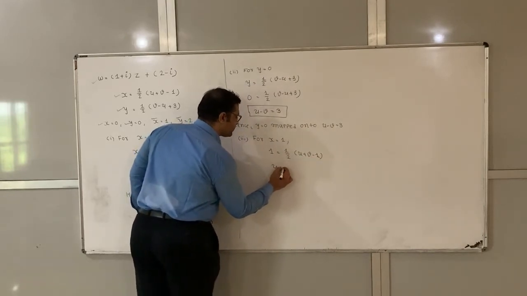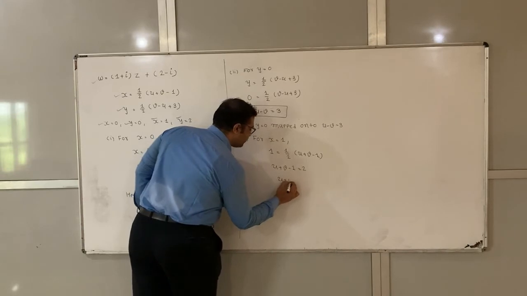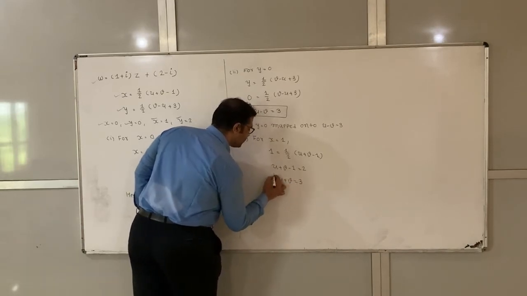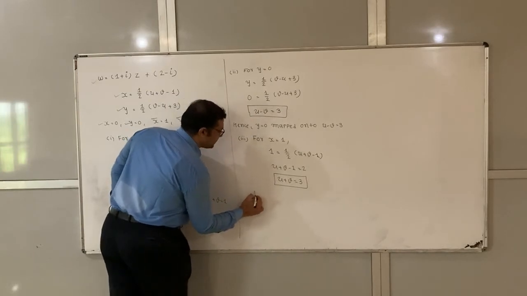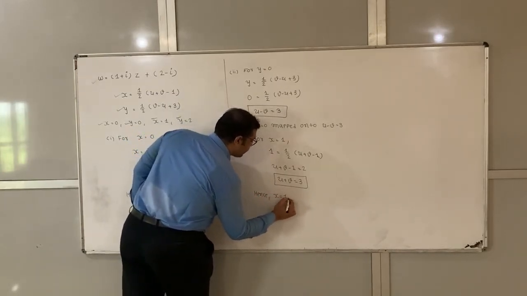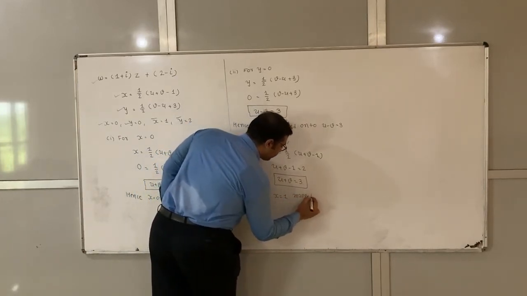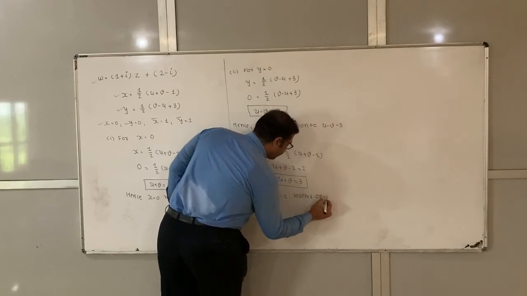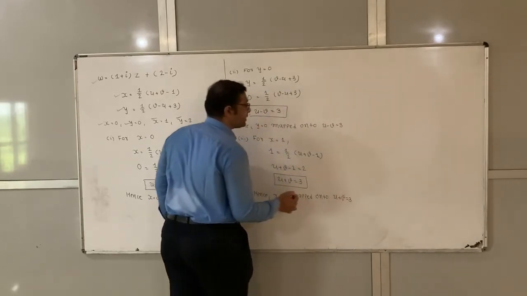So u plus v minus 1 is equal to 2. So we can say that u plus v is equal to 3. Hence x is equal to 1 is mapped onto u plus v is equal to 3.